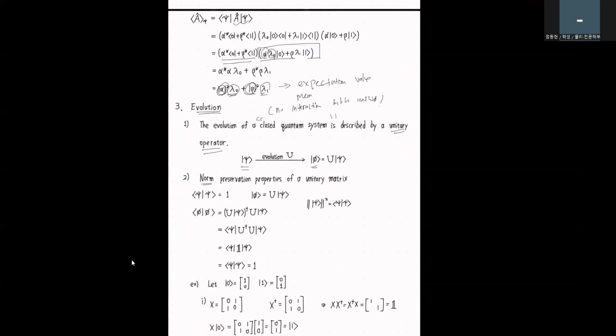Now, why are they described by unitary operators? Well, if a wave function turns into another wave function, what must be the same is that the norm must still be equal to 1, because all probabilities must add up to 1. So let's say we describe the evolution by this matrix U, then taking the inner product with itself gives us this quantity right here.